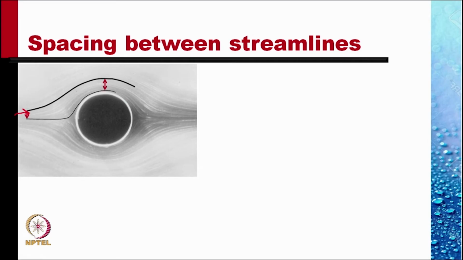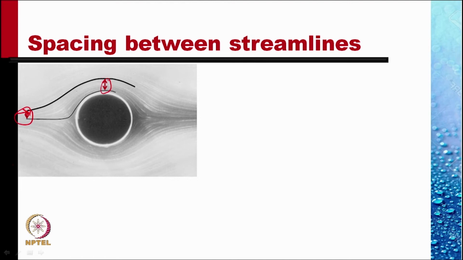The spacing between two streamlines here is less than the spacing there. So what does that mean? The velocity on the shoulder of the cylinder is less than the velocity upstream.